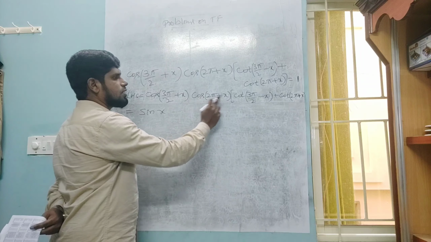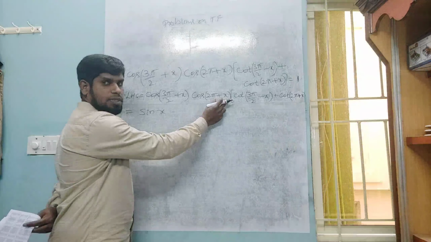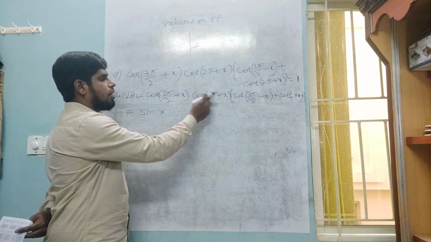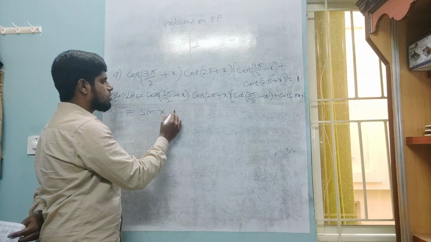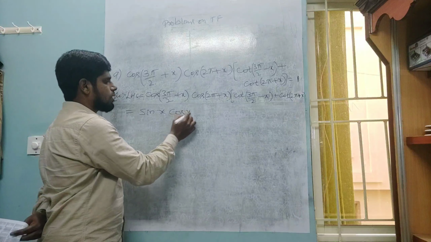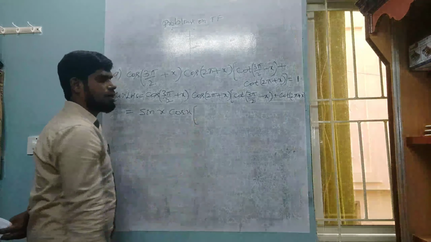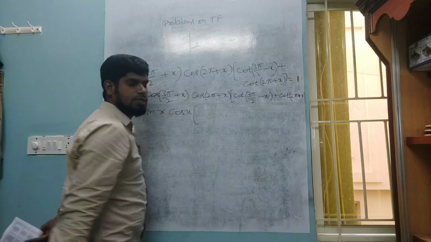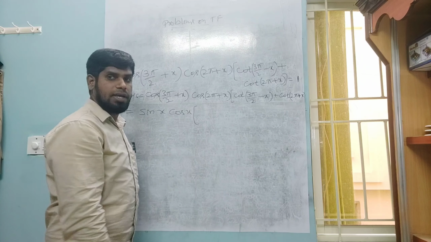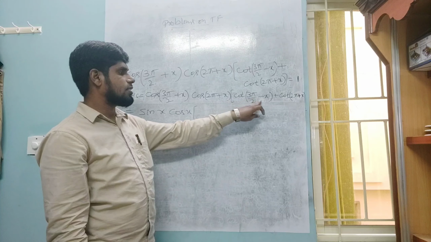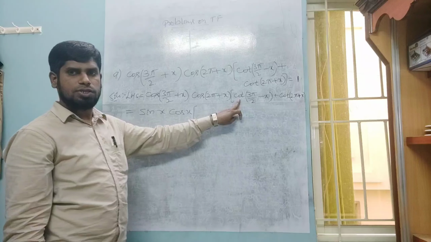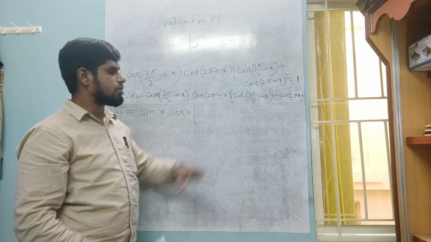Now cos(360 + x). 360 plus is first quadrant, and because of 360, cos remains cos, so it is cos x. Bracket: cot(270 − x). 270 minus says that it is in third quadrant. In third quadrant, tan and cot are positive.